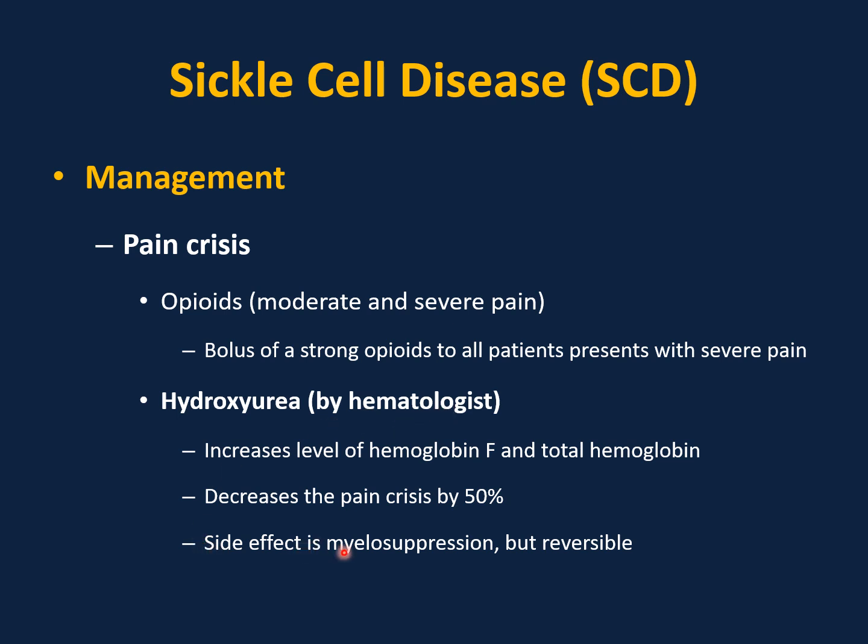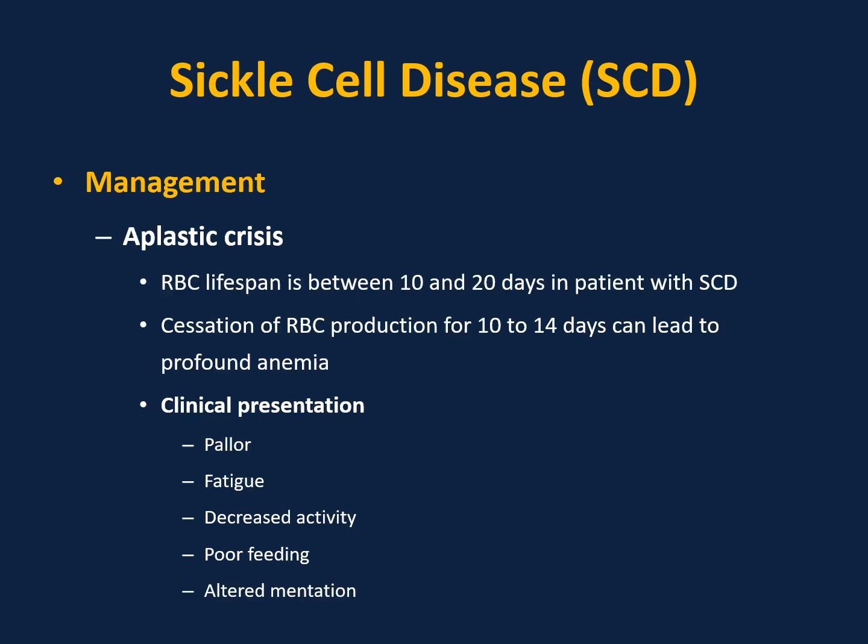The side effect you need to be familiar with is myelosuppression, but this is reversible. You need to be familiar with aplastic crisis and the complication of infection with parvovirus B19. We need to know also that the red blood cell lifespan is shorter than normal in a patient with sickle cell disease. If you prevent the production of red blood cells for 10 to 14 days in a patient with sickle cell disease, this can cause profound anemia.